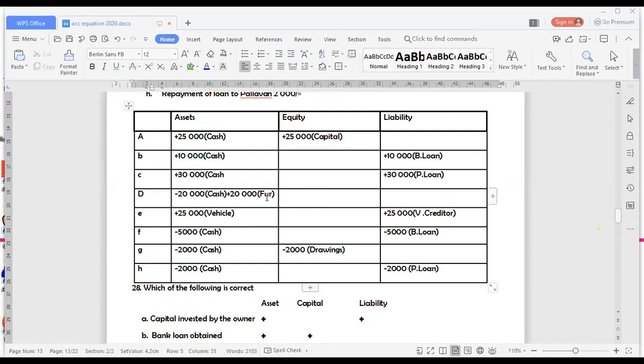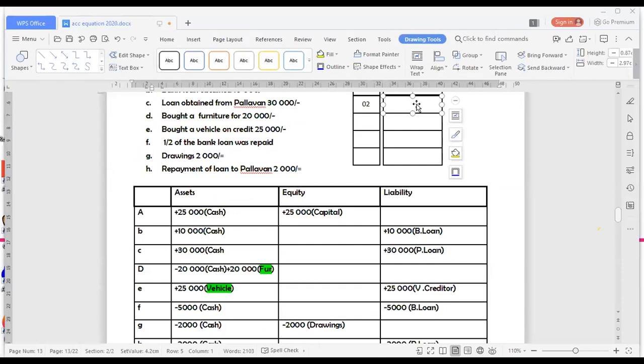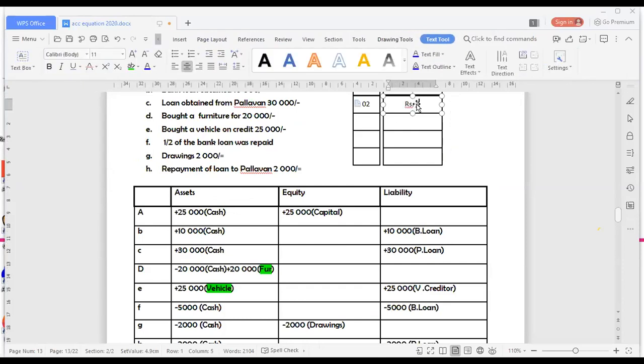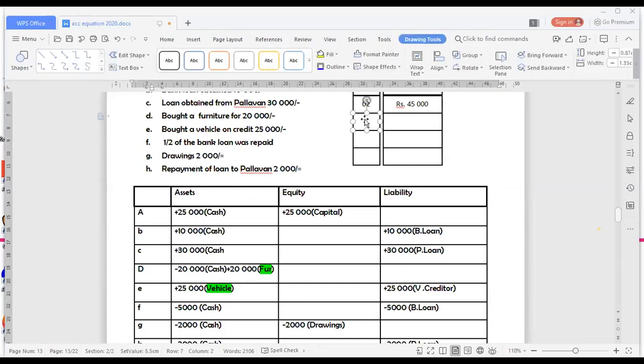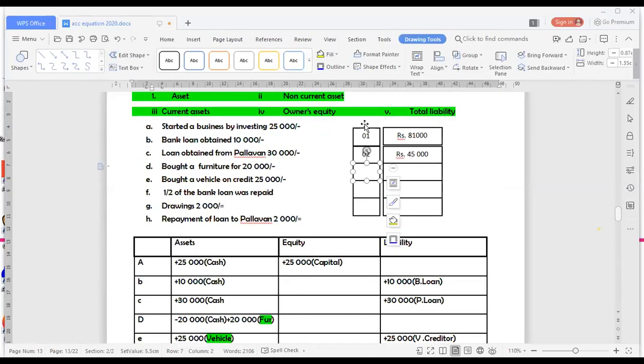The non-current assets are furniture and vehicle. Once you buy furniture, you can use it for the long term. Once you buy a vehicle, you can use it for the long term. Therefore, total 45,000 is your non-current asset, rupees 45,000. Got it?